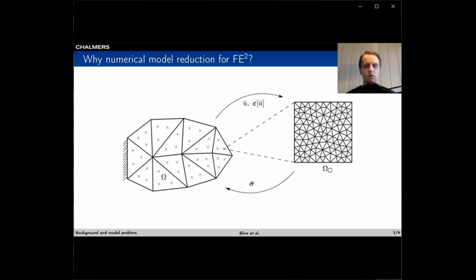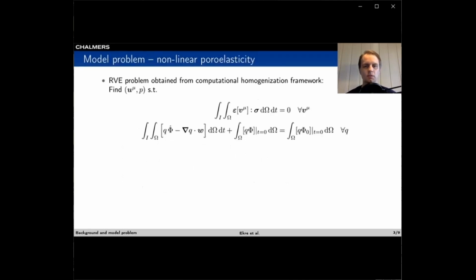And this is what my research is about, to find methods of reducing the computational cost of solving the microscale problems. And in this presentation we consider nonlinear poroelasticity as the model problem. And here you can see the RVE problem on the weak format. And we try to find the displacement u and the pressure p.